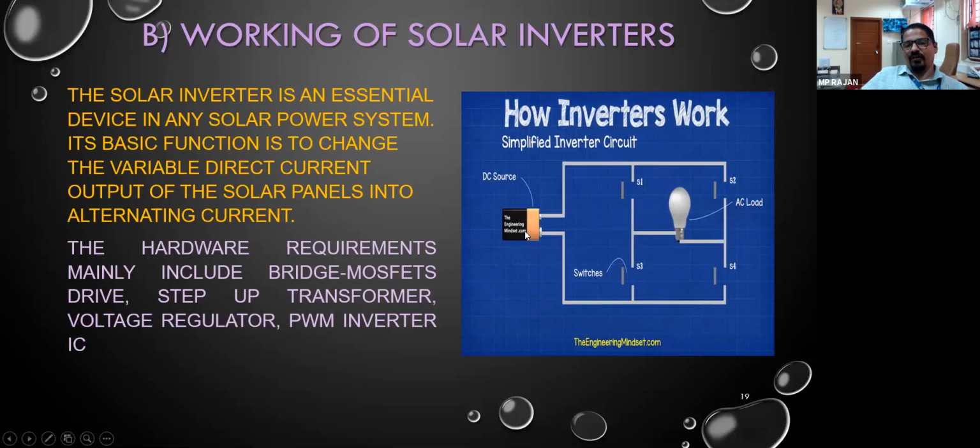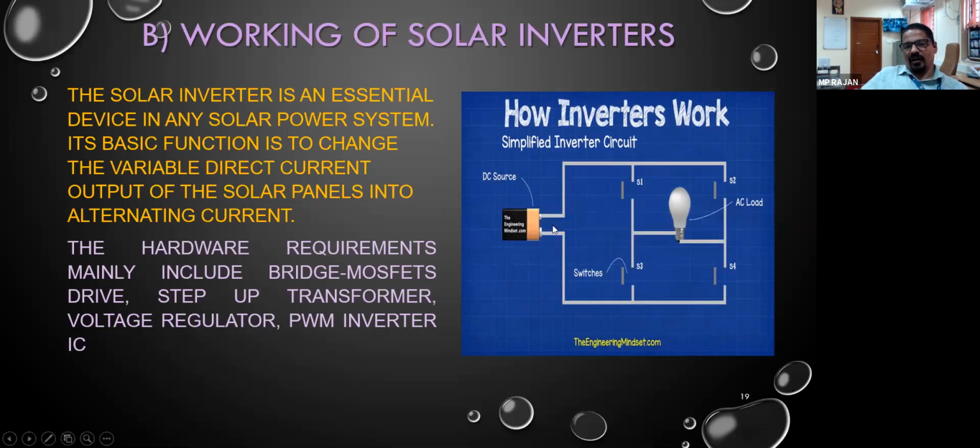So this is the DC power supply. So this is the load, AC load. So there are 4 switches. You can see S1, S2, S3, and S4. So by using some controller, you can switch the switches on or off. So if S1 and S3 are put on, the DC power supply will go through S1 and S3, going back to the battery.